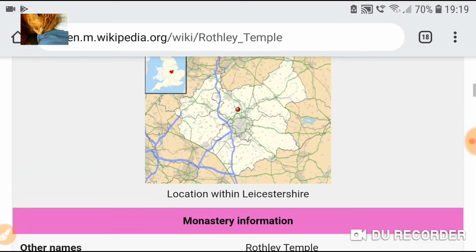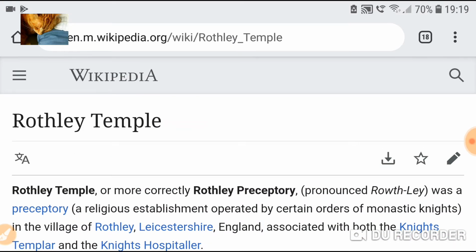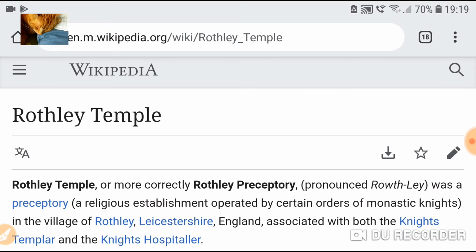But all you'll need to know is Rothley itself, where the McCann family come from, heavily steeped in tradition with Mary Magdalene, which is Madeleine McCann ritual. It's practically the same word, Madeleine, Magdalene.